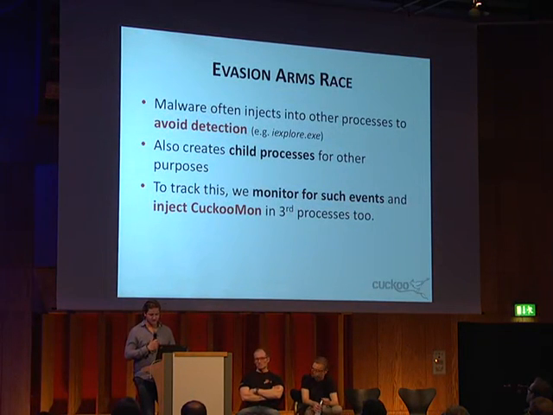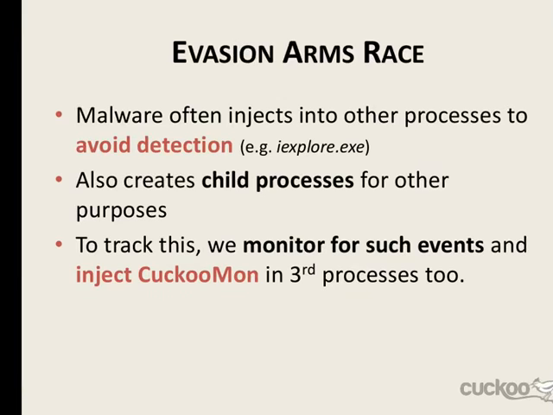Malware tries to evade sandboxes or hooks in general. So what it does is inject into explorer.exe, for example. And when it does this, we are also interested in the injection. So when the malware injects into Internet Explorer, then we also inject in there, just like we inject into child processes.